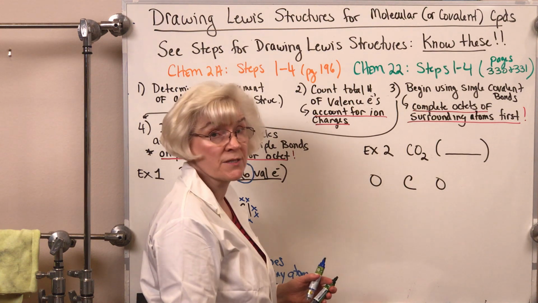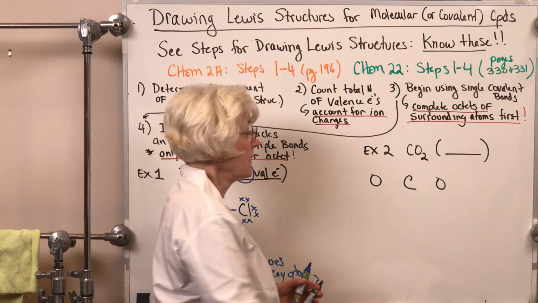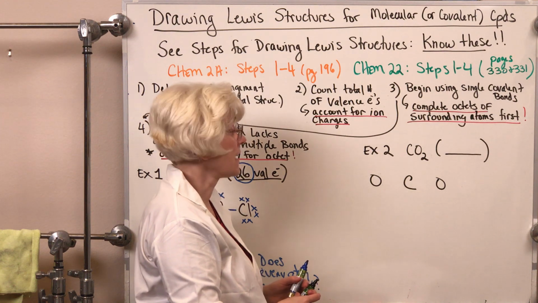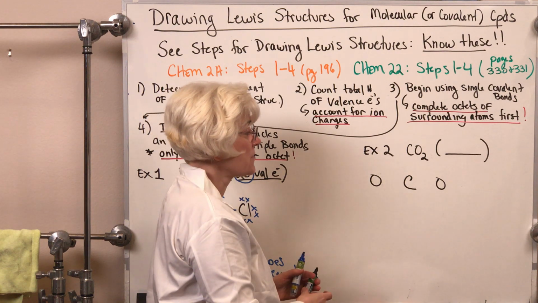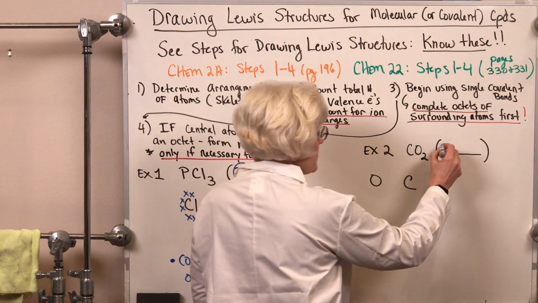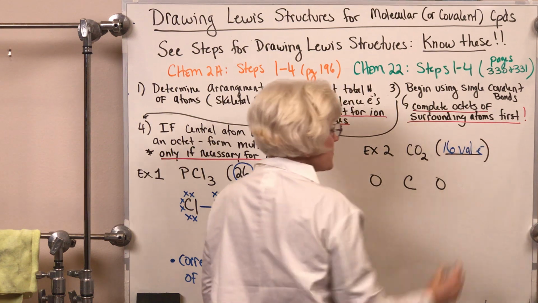There are 2 oxygen atoms. 6 times 2 is 12. Carbon in family 4A has 4 valence electrons. So adding those 4 electrons, we come up with a total count of 16 valence electrons.